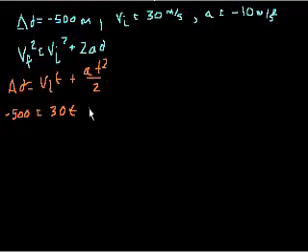Plus acceleration. Acceleration is minus 10, but we're going to divide it by 2, right? So it's minus 5t squared. So we have minus 500 is equal to 30t plus minus 5t squared. We could just say minus 5t squared to get rid of this plus.